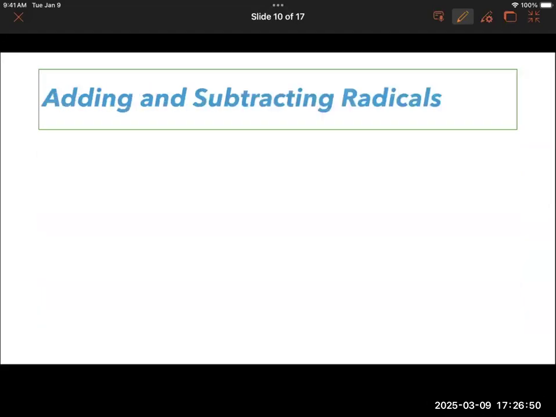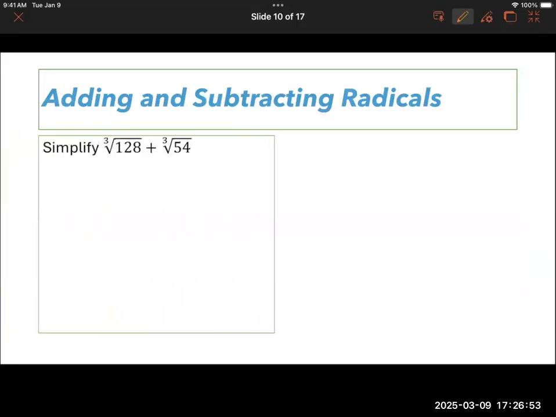Okay? So if I am looking at a problem like, I want to simplify the cubed root of 128 plus the cubed root of 54. So for the cubed root of 128, I can think about the fact that I've got the cubed root of 64 times 2, and I've got the cubed root of 27 times 2.